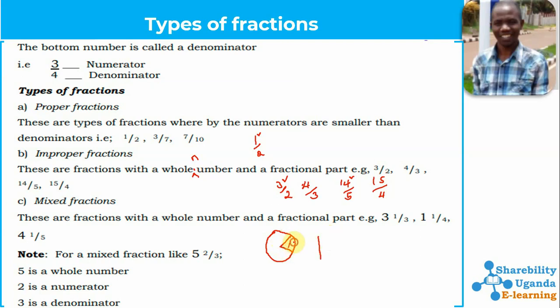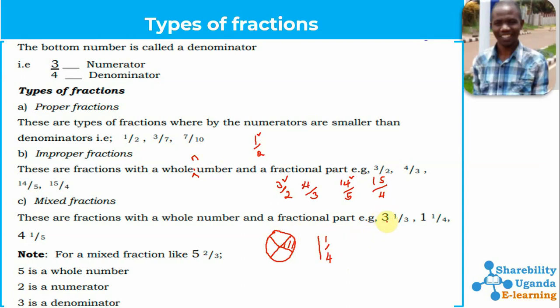If this part is shaded, we can say 1 out of, if we still have some other parts like here, we can say our shaded part is going to be equal to 1, the whole of it, then 1 part which is shaded out of how many? 1, 2, 3, 4, out of 4. So this is how our mixed fraction looks like, and that's the explanation we can give for you to understand.